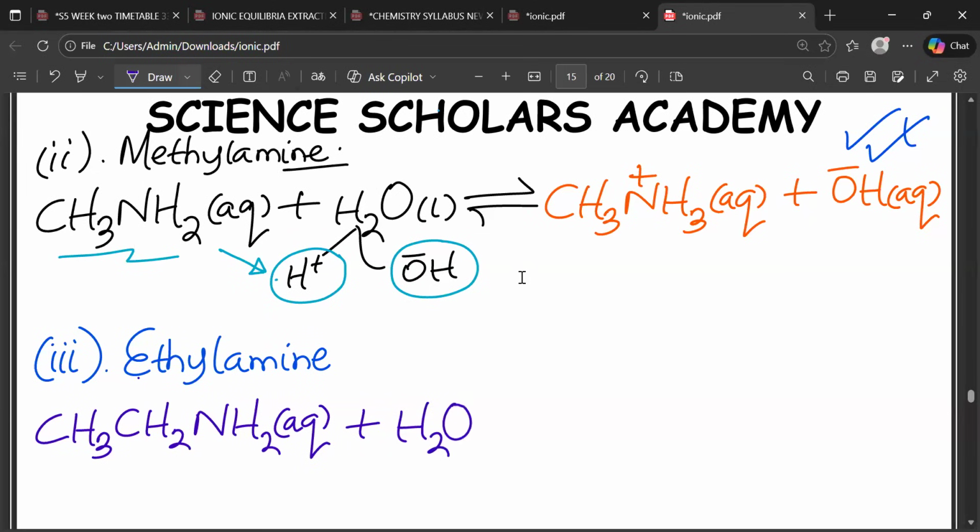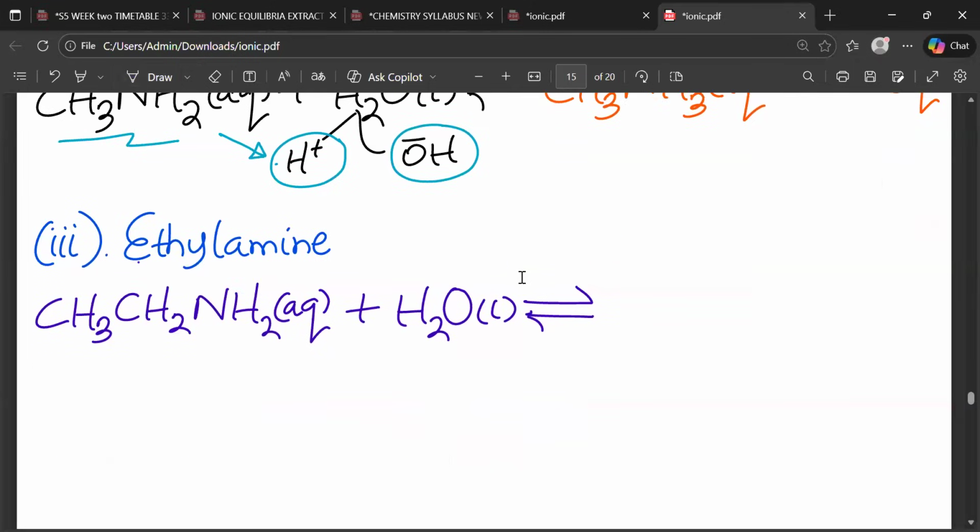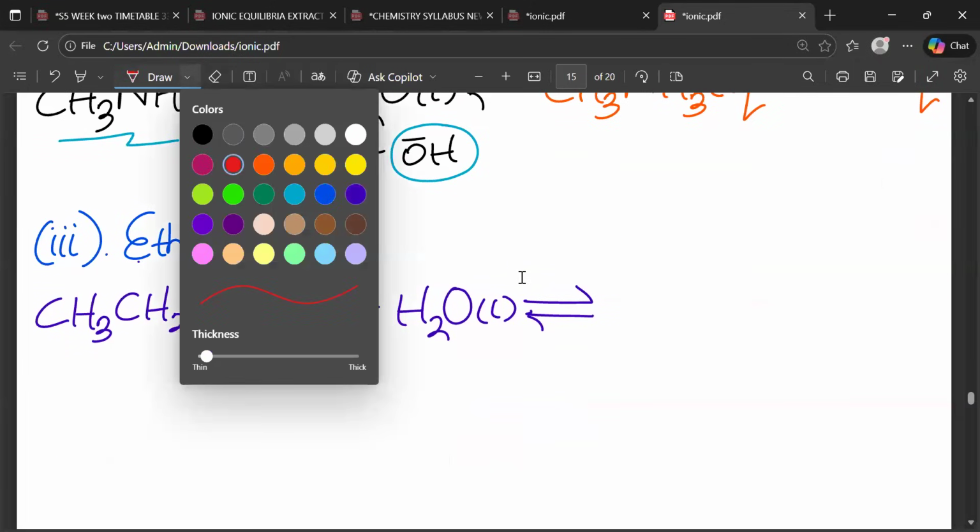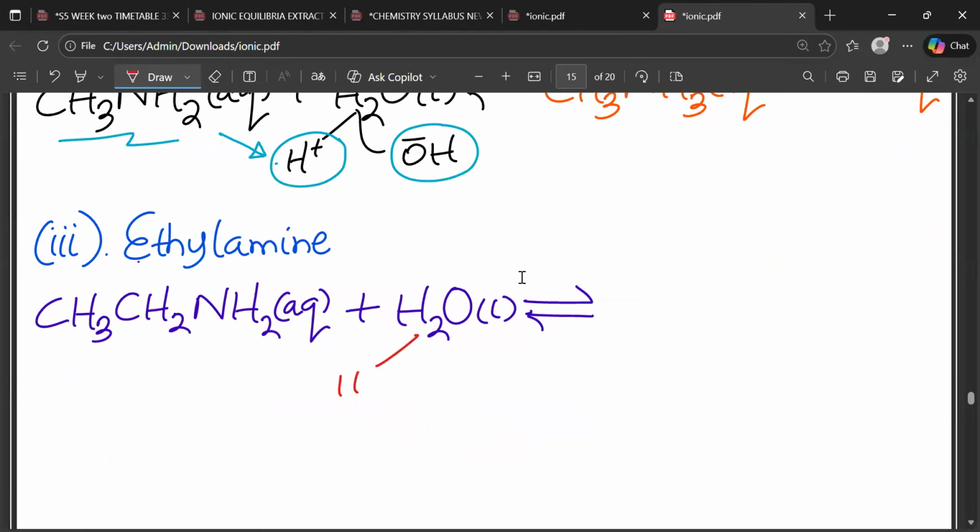So the water is here and it is a liquid. Partial arrows. And what did we say? How does water do this thing? The water has two components. It has the proton component, which the base must accept, and then the OH component, which must be part of the products.